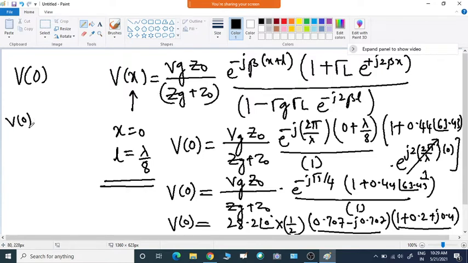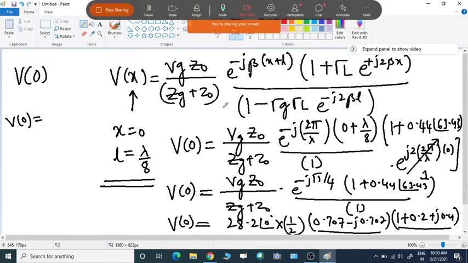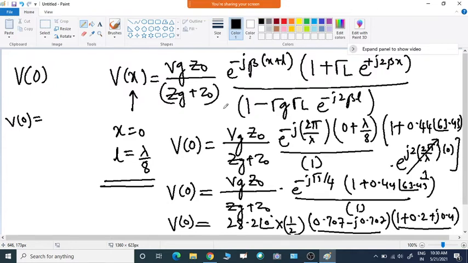Tell me what is V of 0? Calculate the values. 1.13 minus j 0.56.